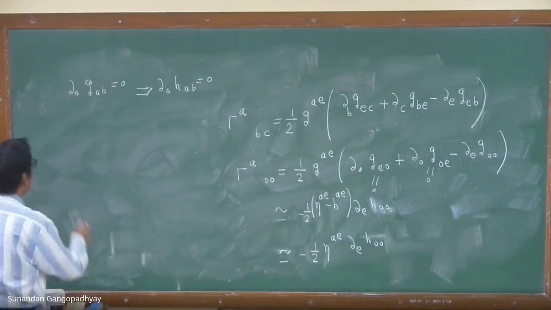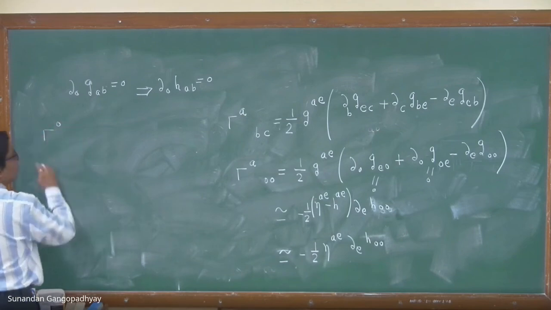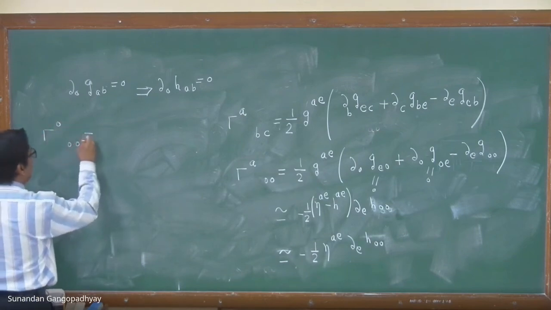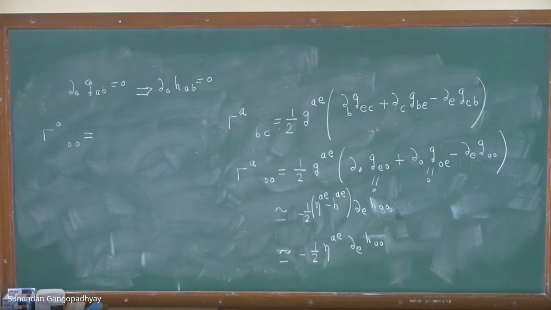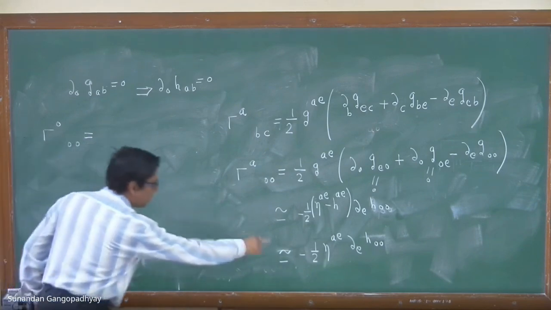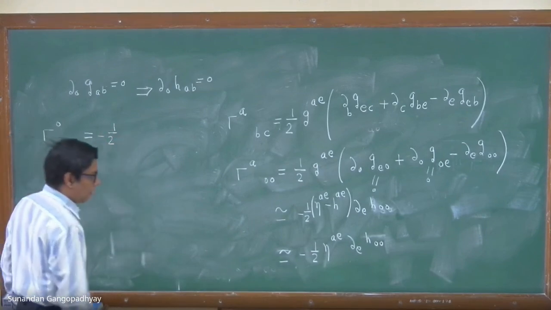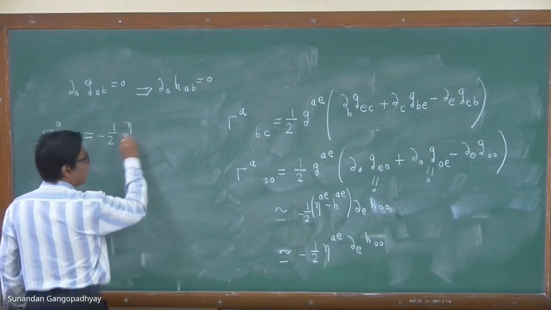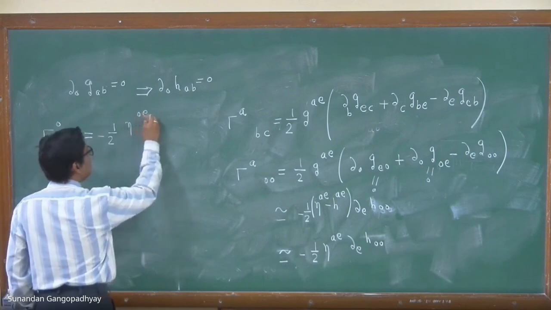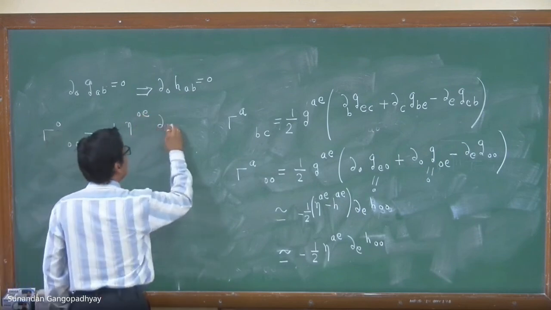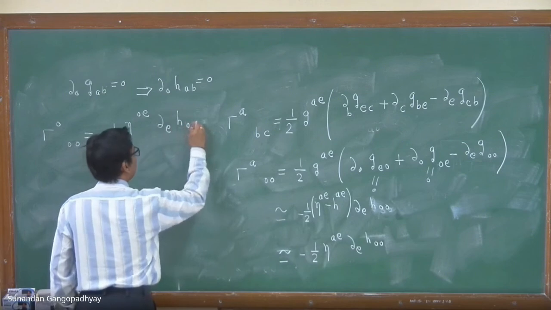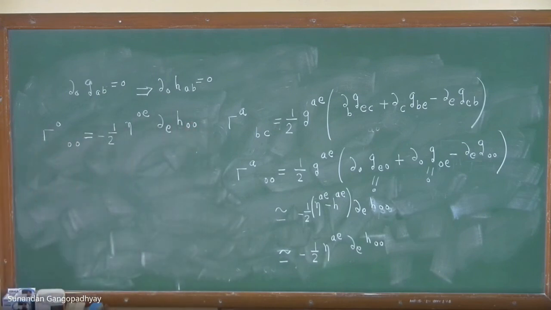Now let us calculate what gamma 000 is. You can immediately get it from the equation that we have obtained: minus half theta 0 E del E H00.